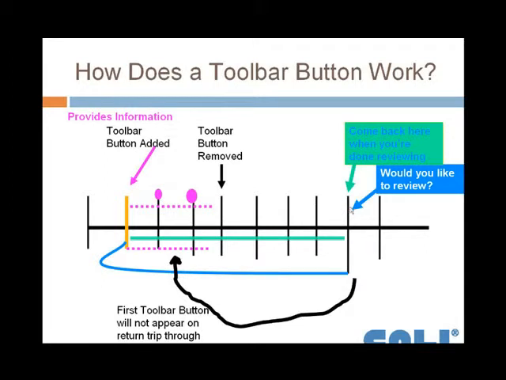So at this point, I would create two toolbar buttons on this particular page. The first toolbar button would ask the student, would you like to review the previous material? So if the student clicks that button, what the toolbar button is going to do is take them back to this brown point in the lesson.